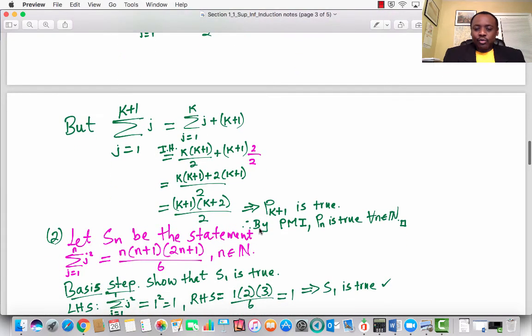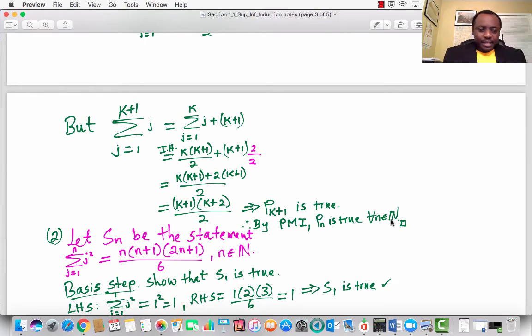Therefore, I can conclude that P(k+1) is true, and hence, by PMI, the principle of mathematical induction, Pn is true for every n in the natural numbers. End of proof. Okay? The basis case, induction hypothesis, inductive step, you conclude.